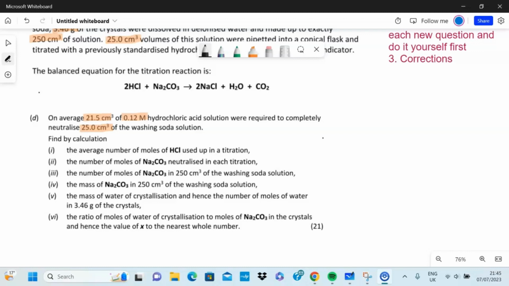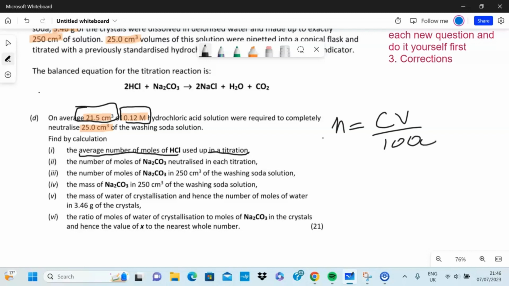Read your question carefully. It asks for the average number of moles of HCl used in a titration, so in one titration. We know this is the amount that is used, and this is the concentration or the molarity. So the first formula that you should have in your head is n equals CV divided by 1,000. Don't just learn it as n equals CV, because everybody forgets the 1,000 and then everything goes wrong.